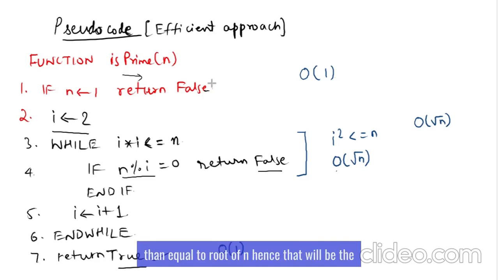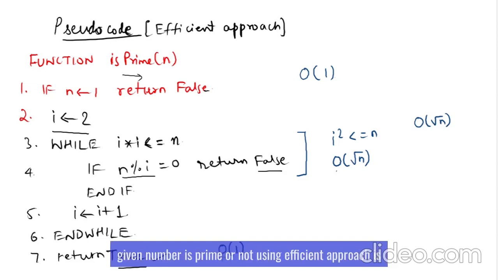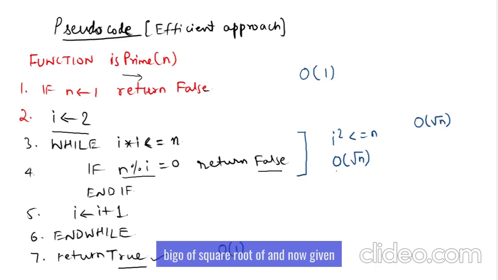Hence that will be big O of square root of n, and the return statement, return true, would be executed in big O of 1. Hence the time complexity to figure out whether a given number is prime or not using the efficient approach is big O of square root of n.